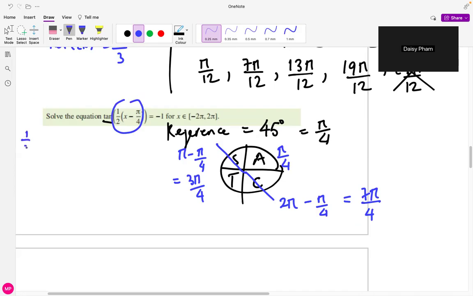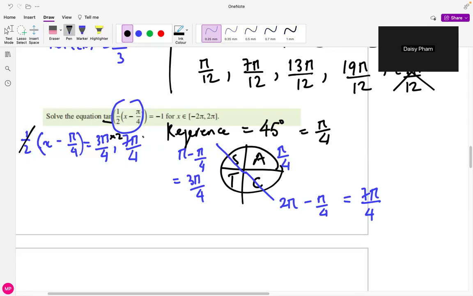So we have a half x minus π/4 equals 3π/4 or 7π/4. Okay, then you just solve for x from here. To solve for x, you're going to multiply by 2, the opposite of multiplying by a half. So to get rid of a half, we multiply by 2 here.